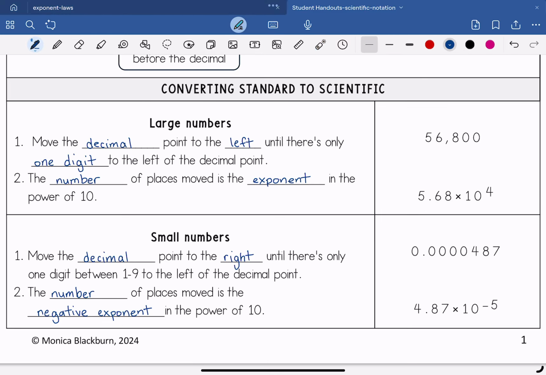Starting from there, we move the decimal point to the left until there's only one digit left. So we want to ultimately place the decimal point right here. To get it from there to here, we're going to move it 1, 2, 3, 4 places.